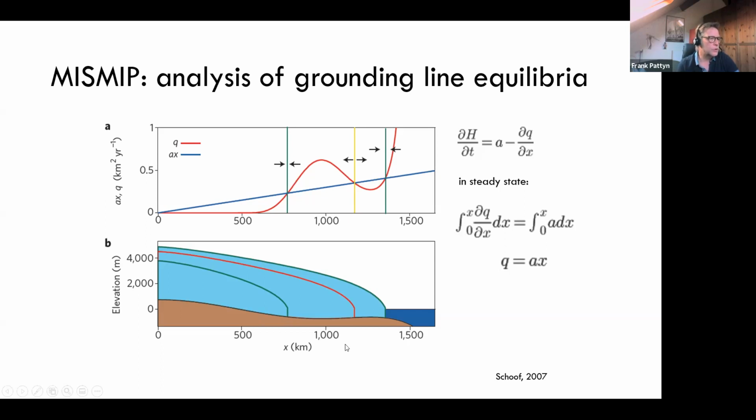And there was also another part in it that basically you have for an unbuttressed, so this is the flow line case, a flow line ice sheet, that you have unique grounding line positions. So that means that all these previous experiments that made an advance, but if you set the initial conditions of your model back, it just stays there, these are completely wrong.